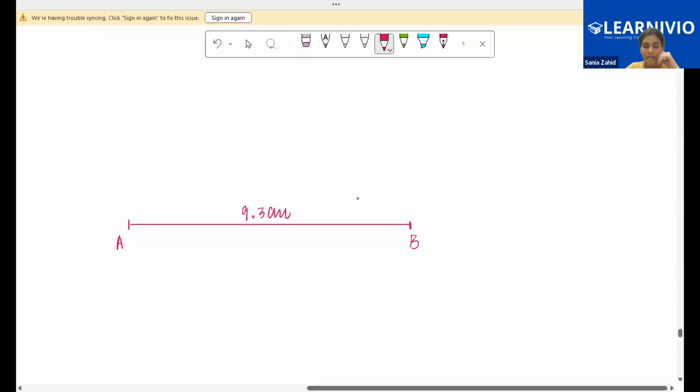Hafsa, show me your 9.3 centimeter line. Is this 9.3? You measured it properly?